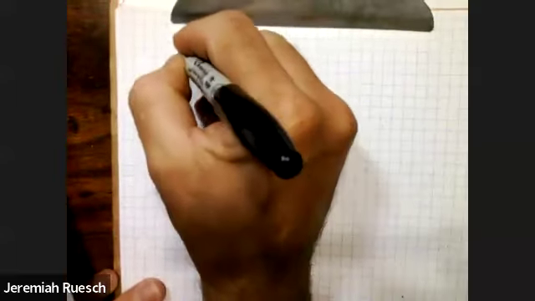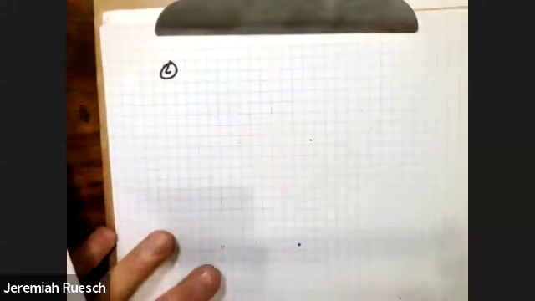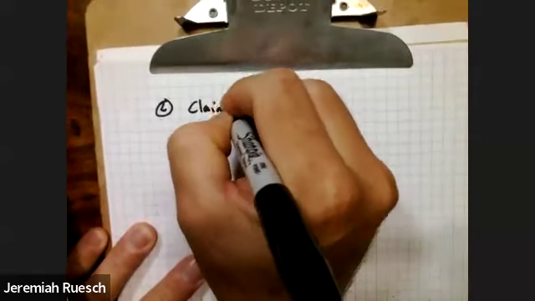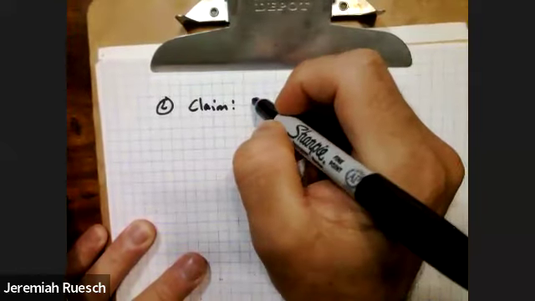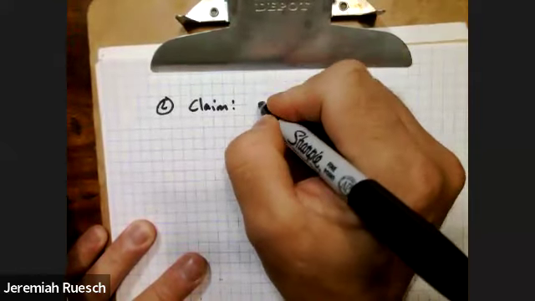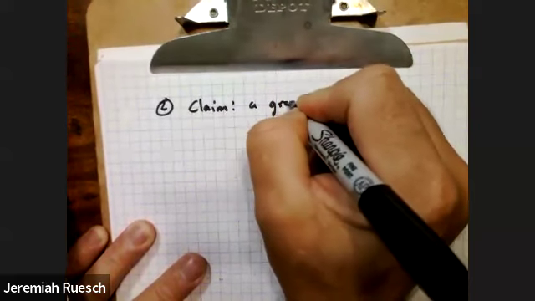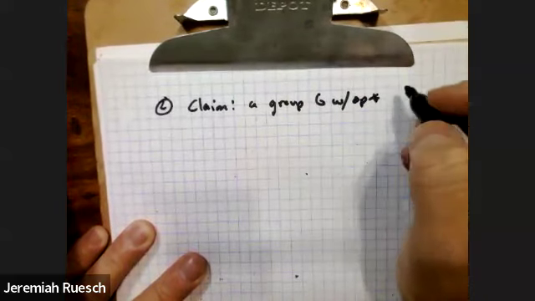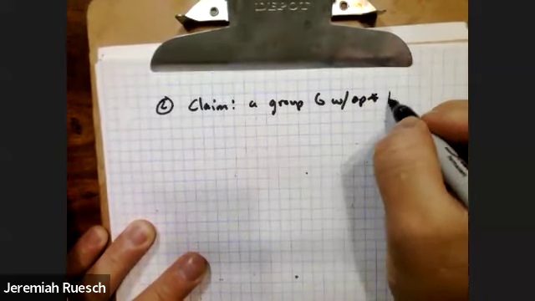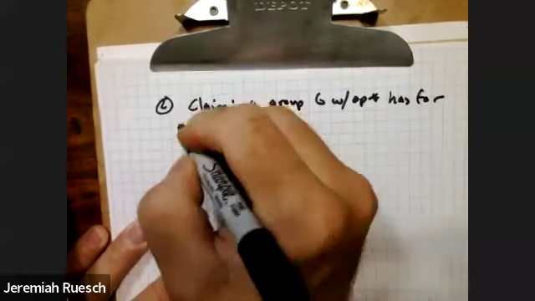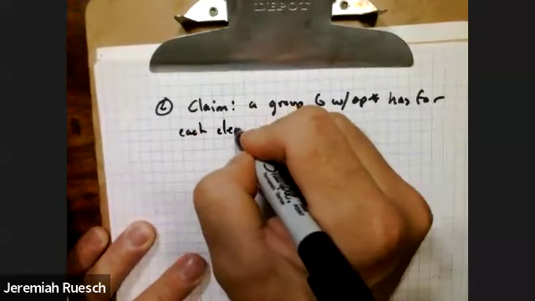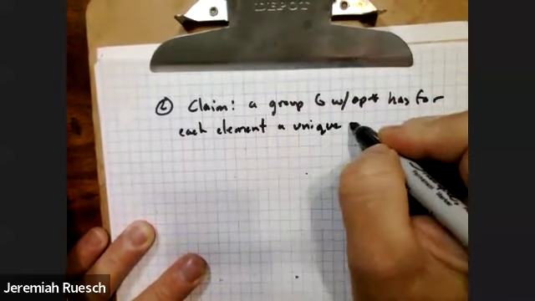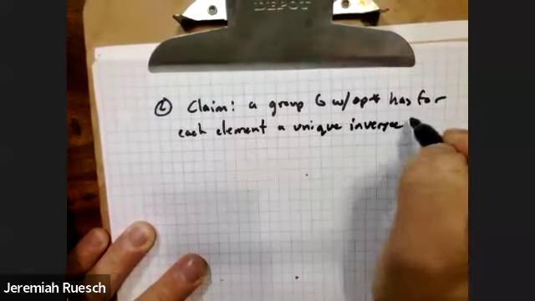So this one, too, like the previous one, I'm going to make the claim: a group G with operation star has, for each element, a unique inverse element.